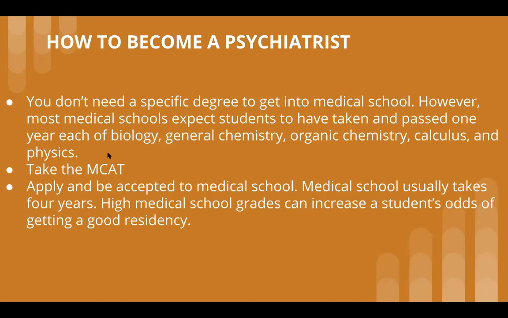Take the MCAT. You have to take the MCAT, get into medical school, and medical school usually takes up to 4 years. So the higher grades you have in medical school, the better chances you have of getting into a good residency, which is what you want.